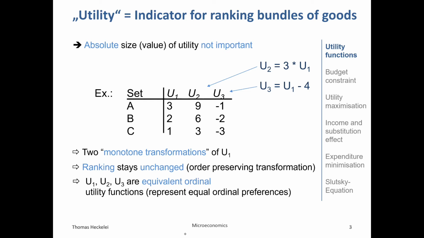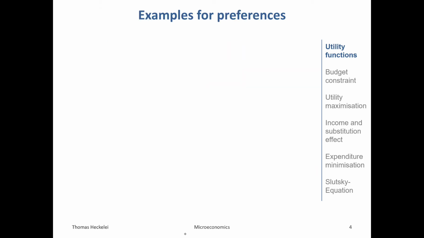When you have something like that, these three utility functions are called equivalent ordinal utility functions, which means they represent equal ordinal preferences, equal ranking. So let's look at some typical examples of preferences.